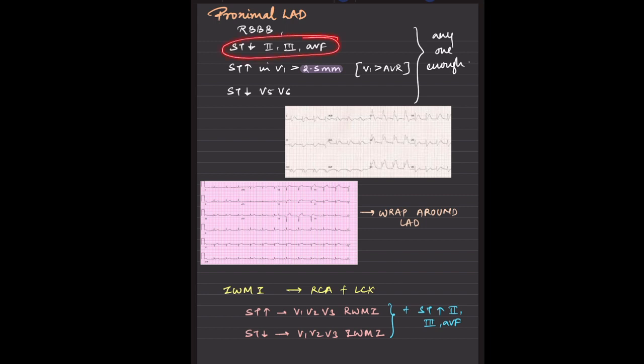Also there is ST depression in 2, 3, aVF. So remember 4 points towards the proximal LAD. First, V1 elevation more than V2, that is the proximal LAD. Then depression in 2, 3, aVF, then depression in V5, V6 and RBBB. Any one of these is enough.